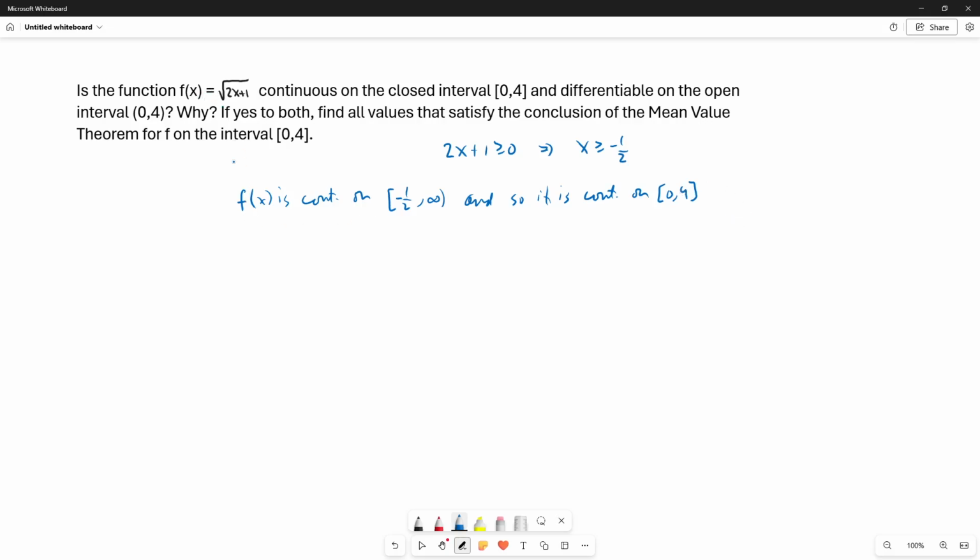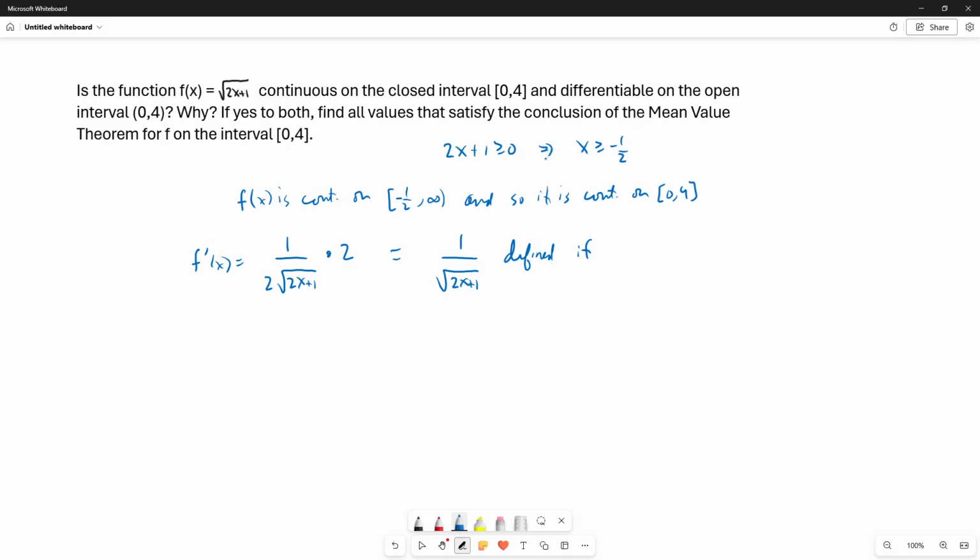Then the differentiability. The derivative of our function, we use the chain rule: the derivative of the square root is 1 over 2 times the square root, leave the inside in, 2x plus 1, and then times the derivative of the inside, which is 2. We can cancel the 2's. Our derivative is 1 over the square root of 2x plus 1. And this is defined as long as 2x plus 1 is strictly bigger than 0.